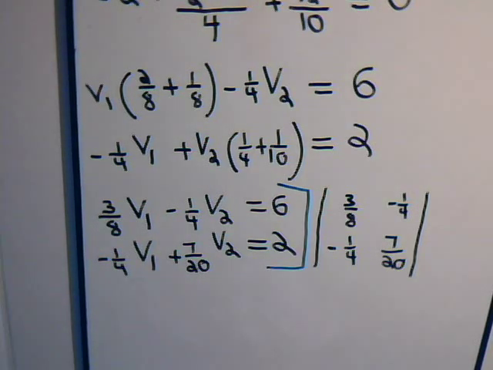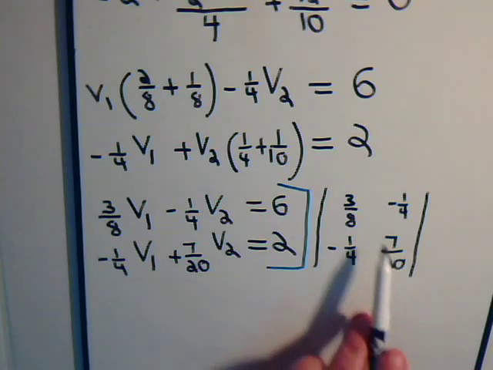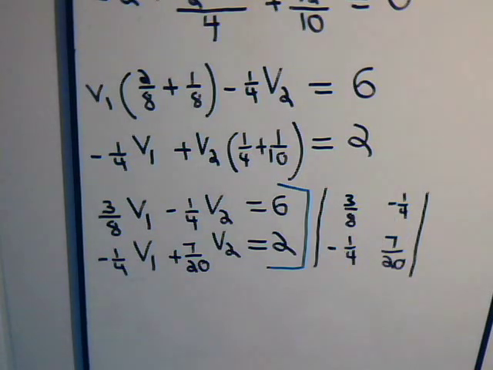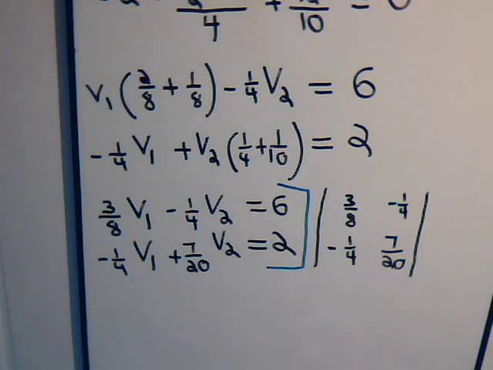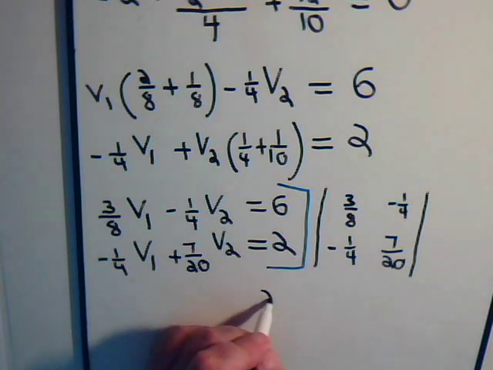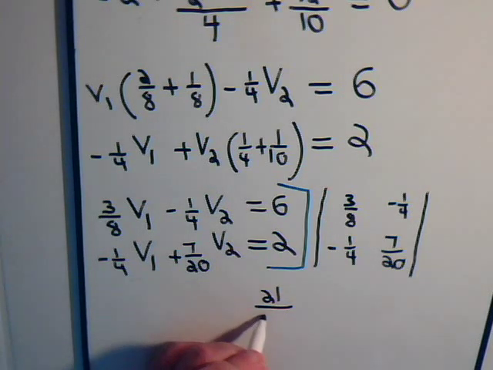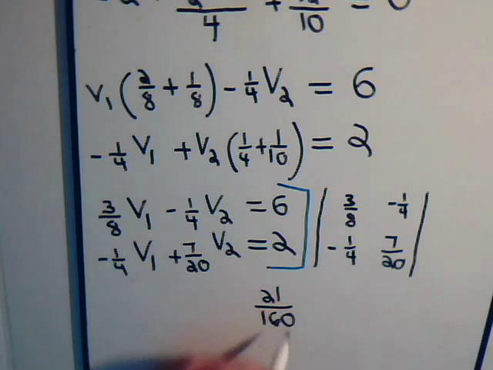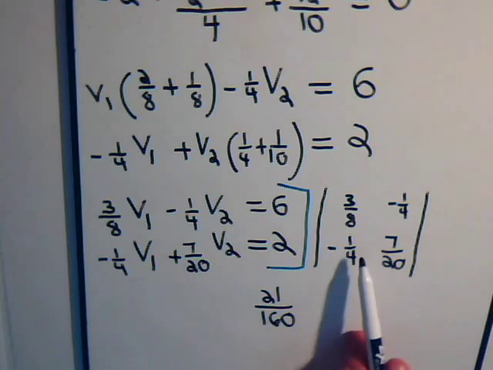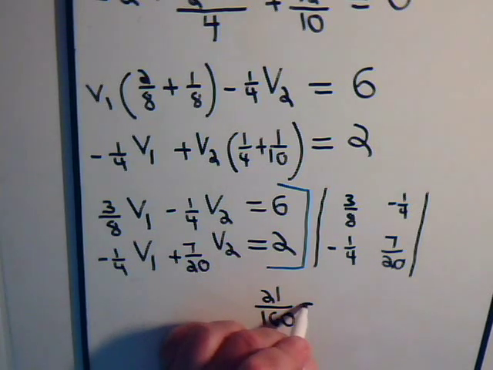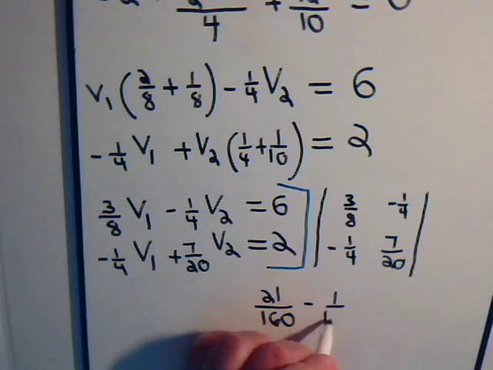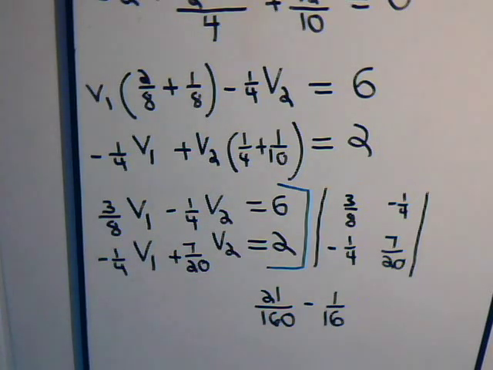So here we have this times this minus this times this. So 7 times 3 is 21. 20 times 8 is 160. So we have 21 divided by 160. And then here we have minus 1/4 times 1/4, so we have minus 1 over 16.